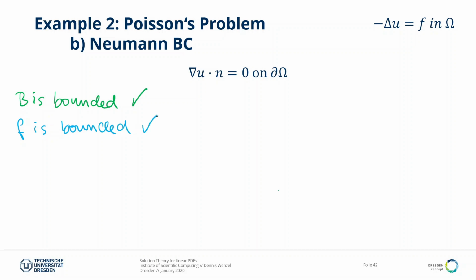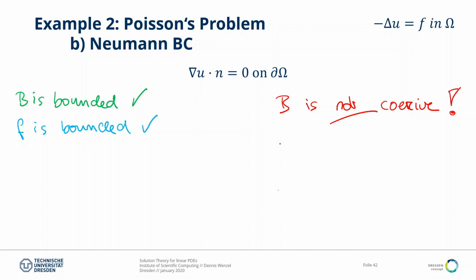That's also something that always works, but B is not coercive. And not only is it not possible to prove coercivity because Friedrichs inequality doesn't hold, but also it's just not possible. So you can prove that it's not coercive.